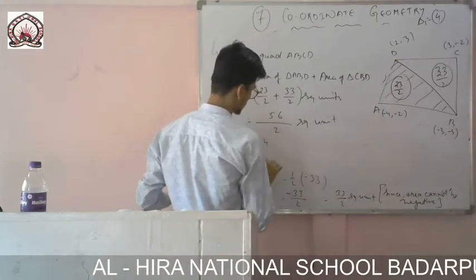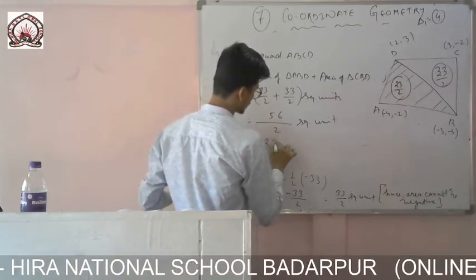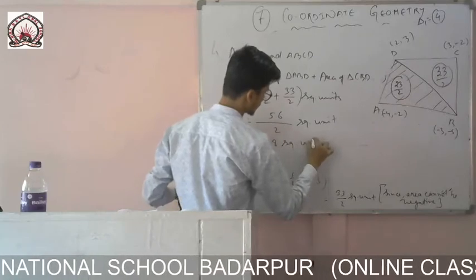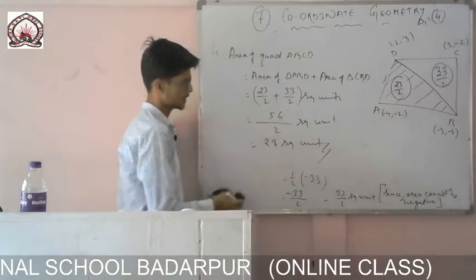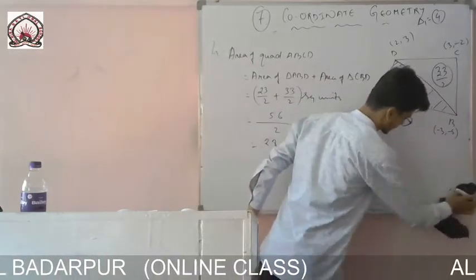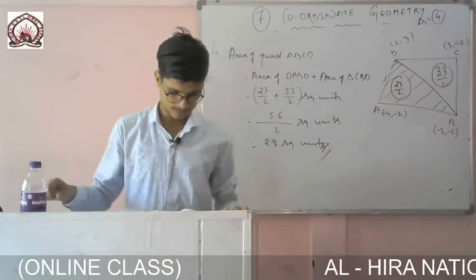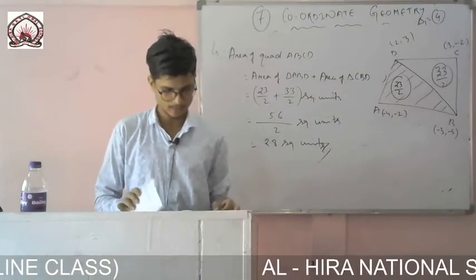So 2 twos are 4 and 2 fourteens are 28. So the answer is 28 square units, you write. 28 square units. Very easy. There is nothing to get confused. Okay.